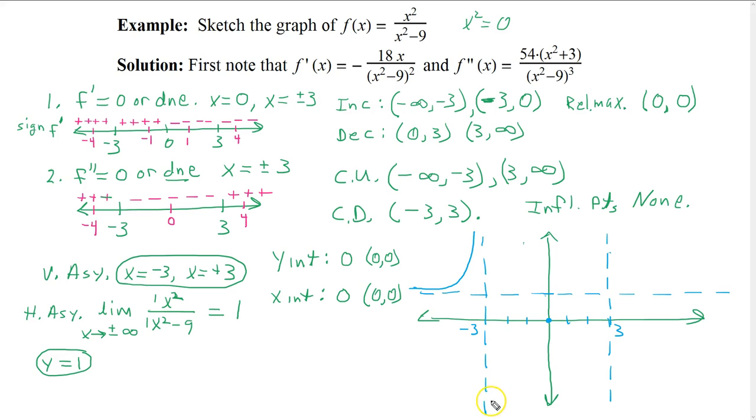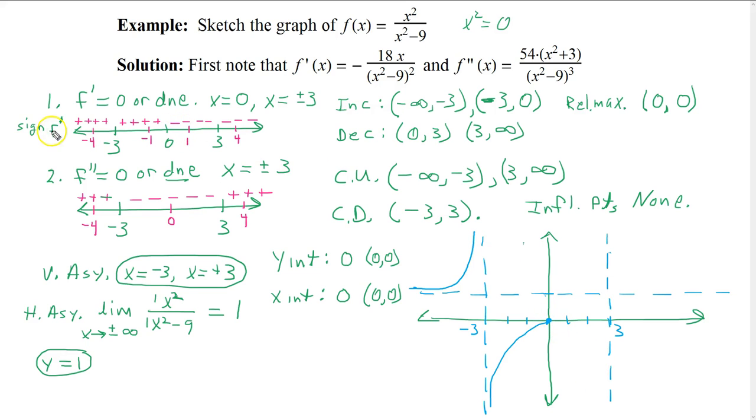So the only way we can do that is if our graph goes like this. And now we have a relative maximum right here. Now our graph is either going to have to go up towards the vertical asymptote like that, or down like this. Well, it's a maximum here, so we should break down.